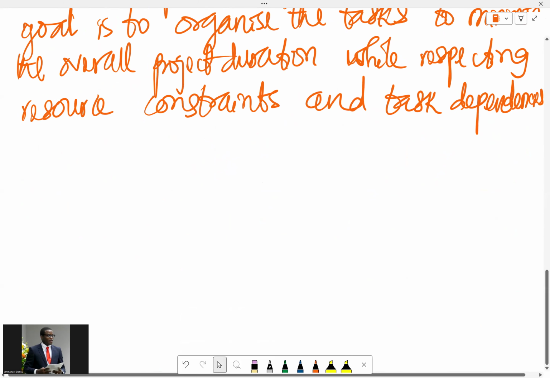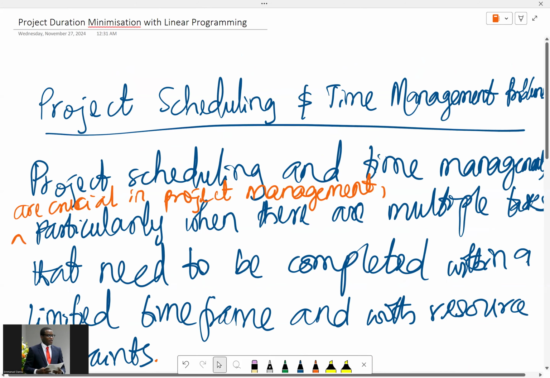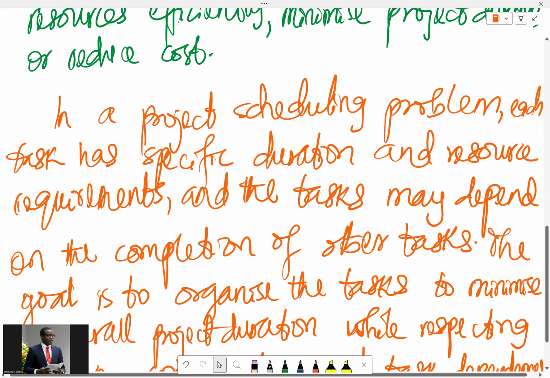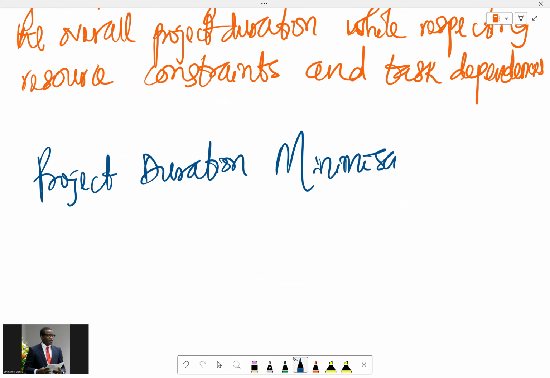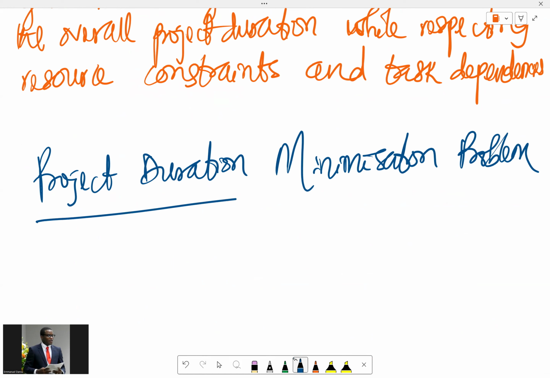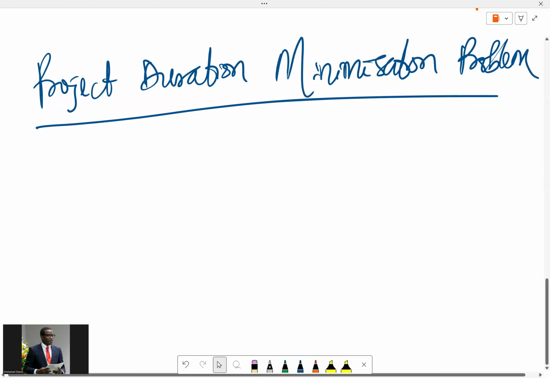Now let's look at what we actually have for the main focus of today. That's project duration minimization. So let's look at a project duration minimization problem. Consider the following set of tasks, each with a duration, predecessors, and resource requirements.